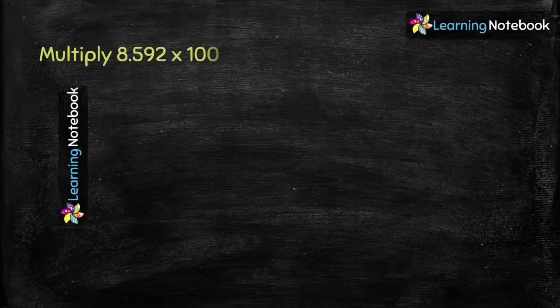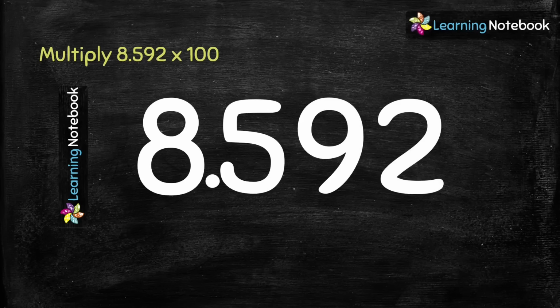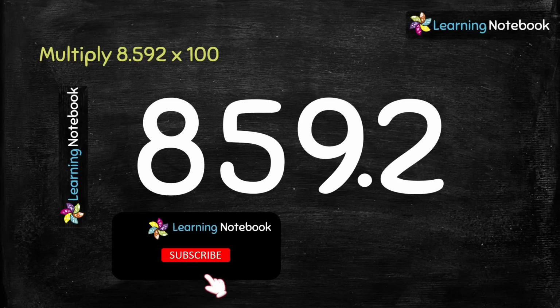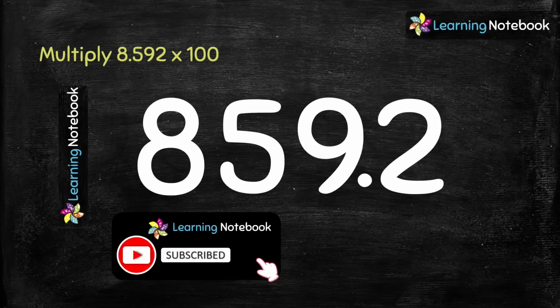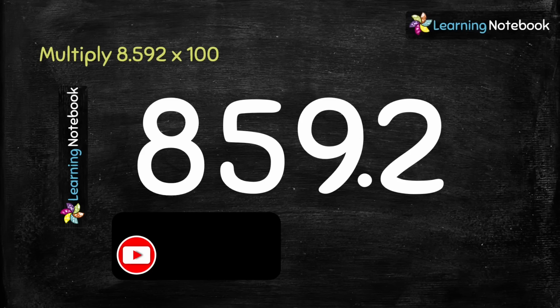Now the next question is, multiply 8.592 by 100. So here this decimal number is being multiplied by 100. So the decimal point will move to the right by 2 places. So answer is 859.2.